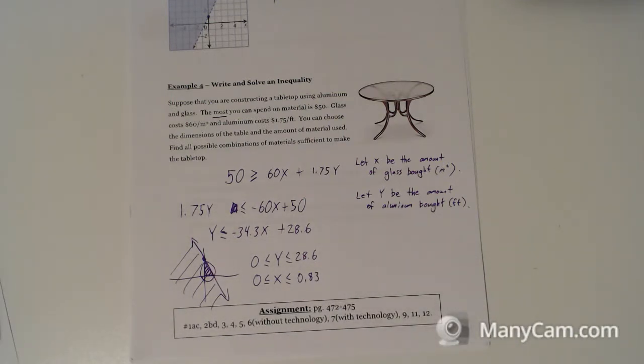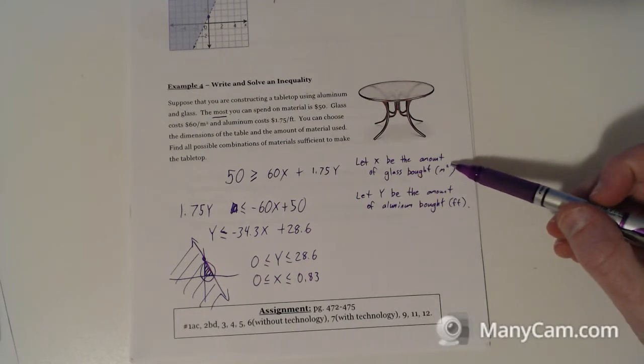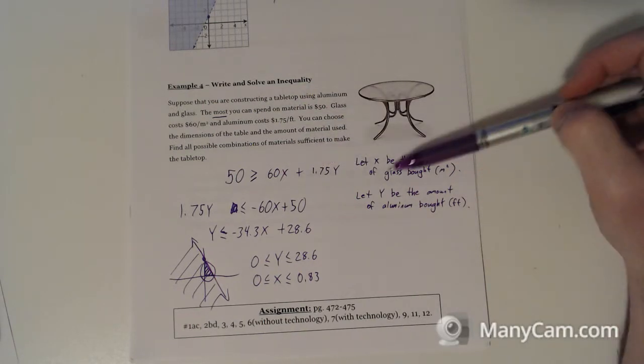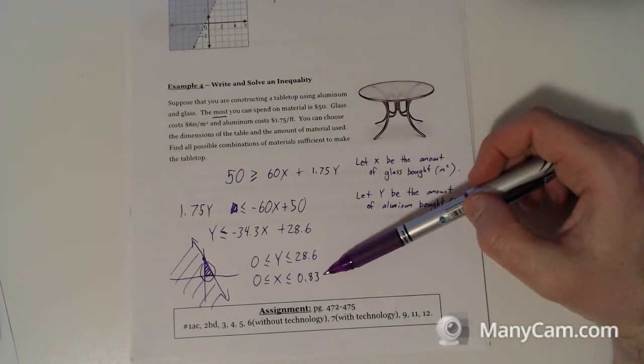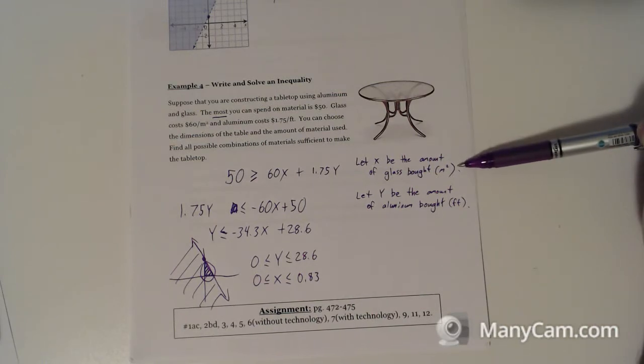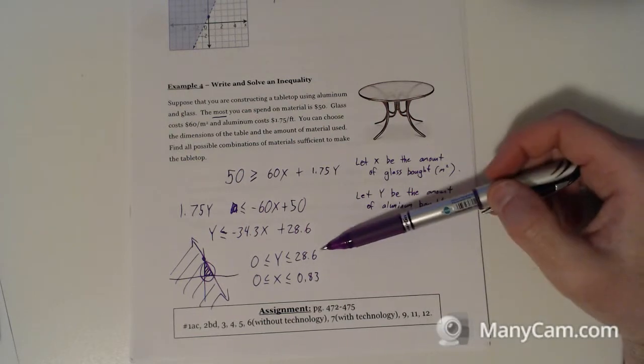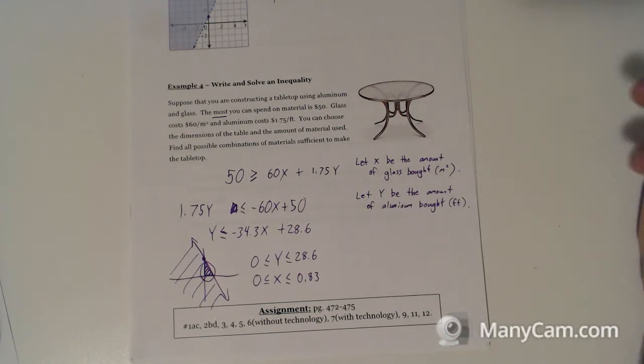And that makes sense because glass is way more expensive. You can't even buy one unit of glass because one unit of glass already is going to be $60. So you can only get 0.83 meters squared of glass if you're going to buy no aluminum at all. But aluminum, you could buy 28.6 feet of it. So we can find solutions and everything, or the range of solutions. Lots of things to do with it.